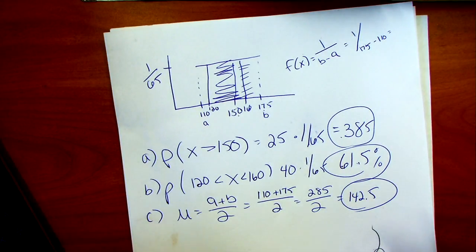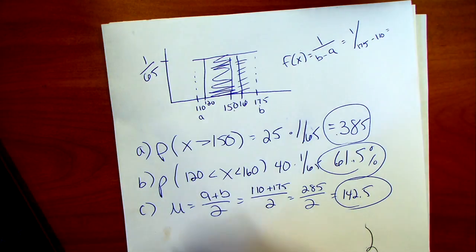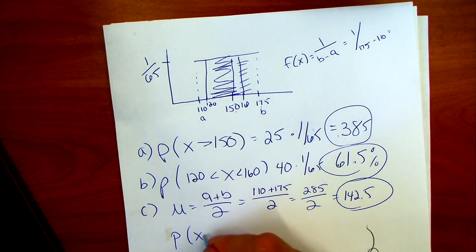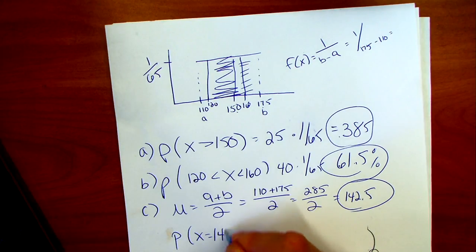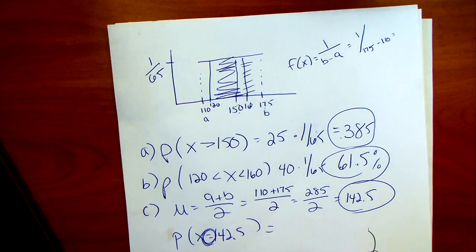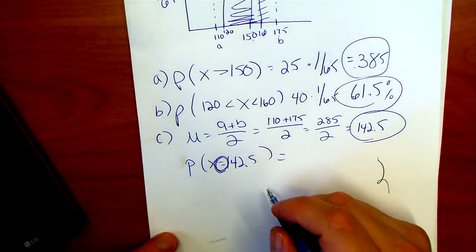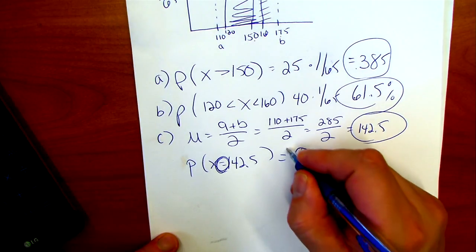So the average output from this steel mill is 142.5 metric tons. If it asked me what the probability was that I produced exactly 142.5 metric tons, hey, because I'm saying exactly, it's kind of a trick, right? Exactly anything is 0 or virtually 0.